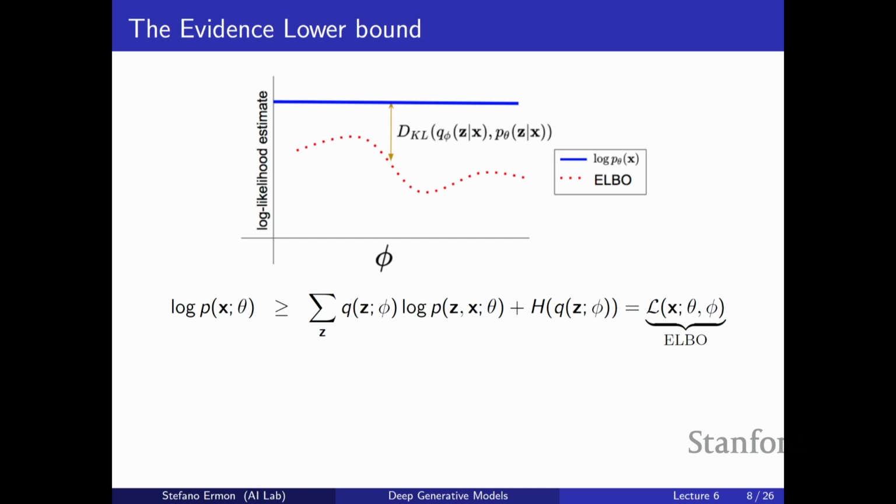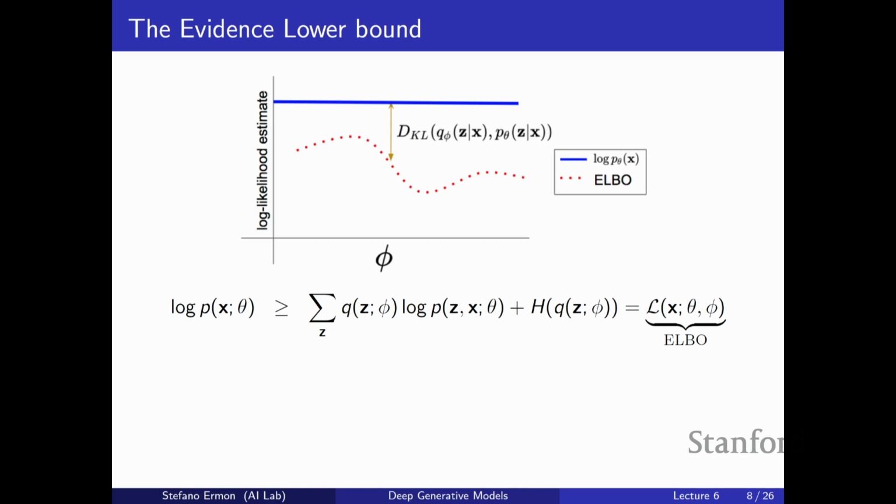And so essentially what we're going to do is define an evidence lower bound, which not only depends on Q, and on theta, which are the parameters of the generative model, but also depends on this choice of variational parameters phi.